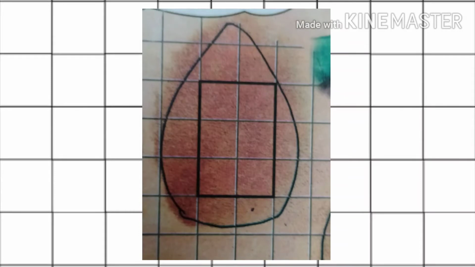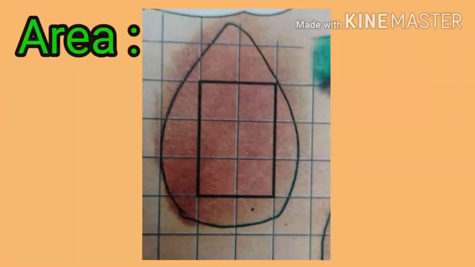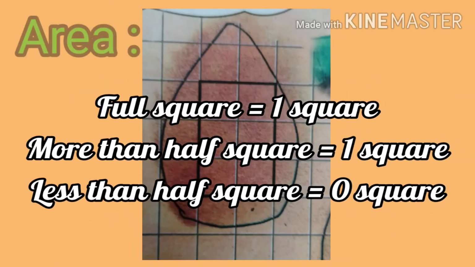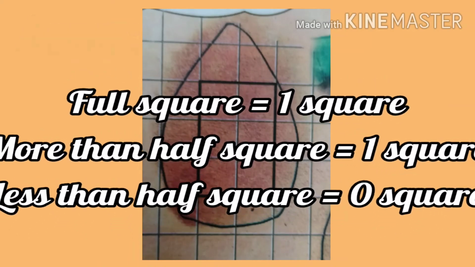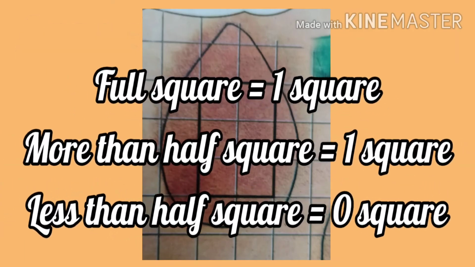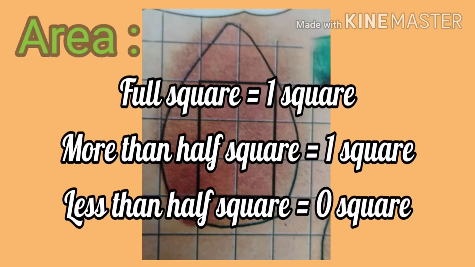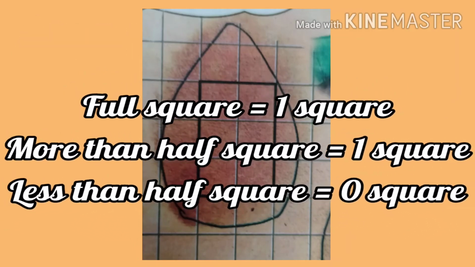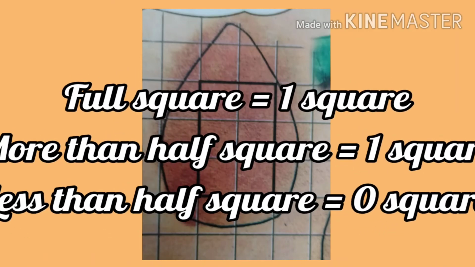First of all, put the irregular figure on graph paper and draw its boundary. At the time of counting square, assume that more than half of a square will be counted as 1 square and less than half of a square will be counted as 0 square.